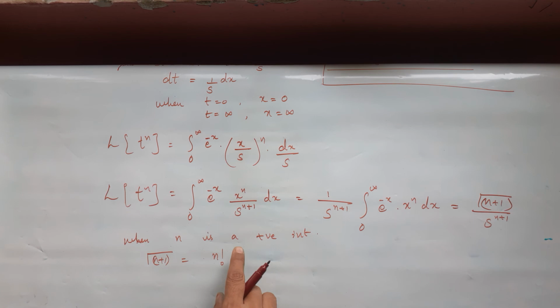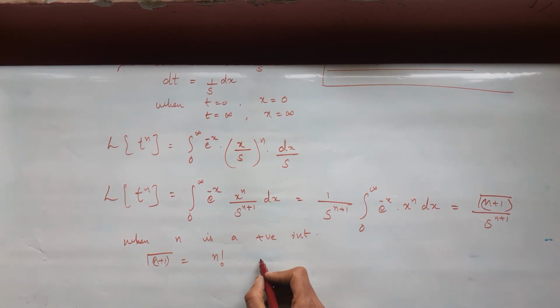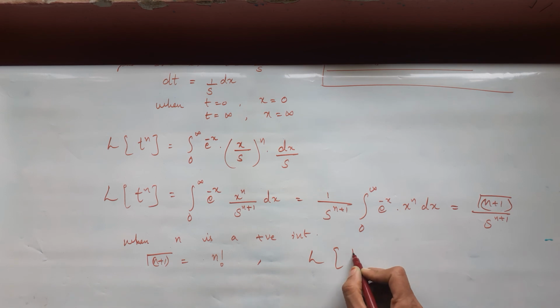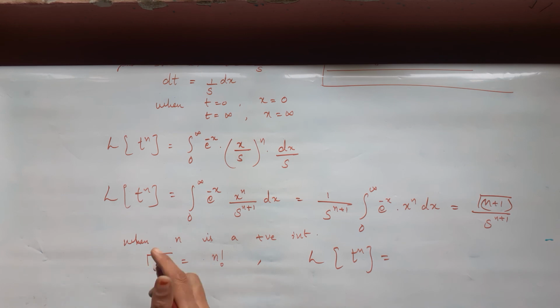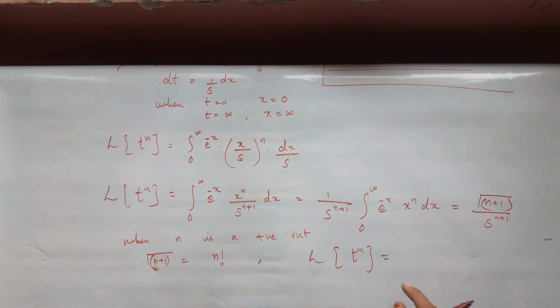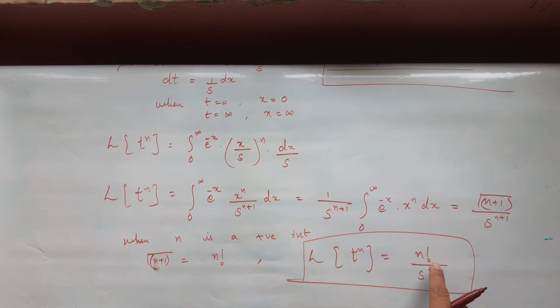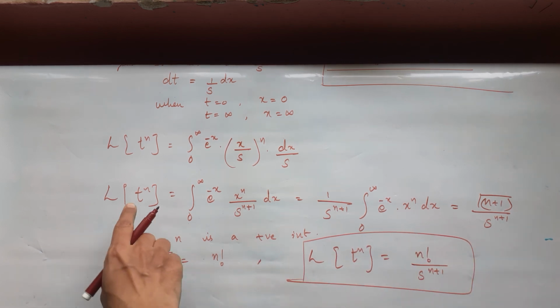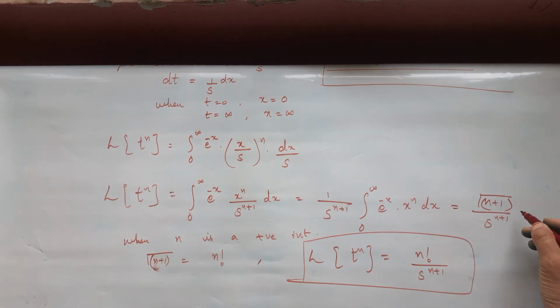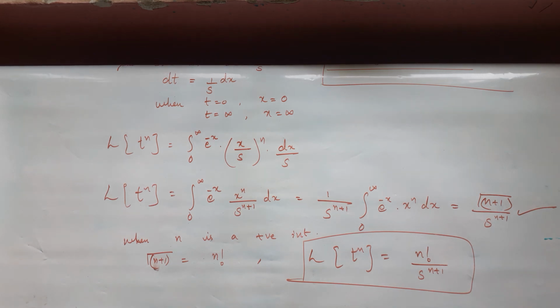By this basic property of gamma of n, we can write the same formula: the Laplace transform of t raised to n, if n is a positive integer, is n factorial divided by s to the power n plus 1. Whenever n is any real number other than a positive integer, the Laplace transform of t raised to n will be gamma of n plus 1 divided by s to the power n plus 1. This is how we solve for the Laplace transform of t raised to n.